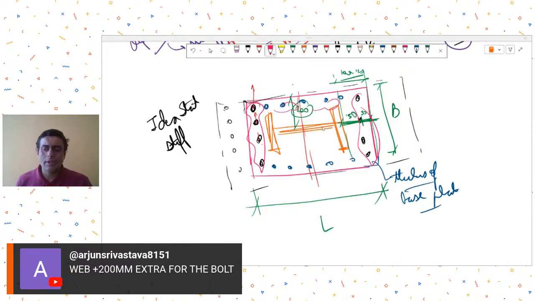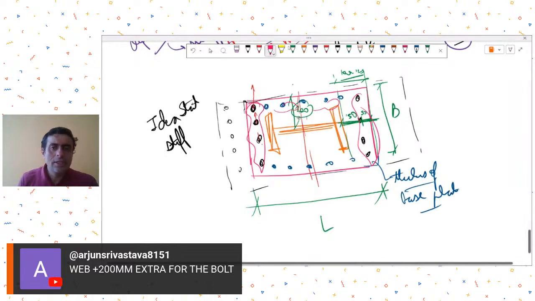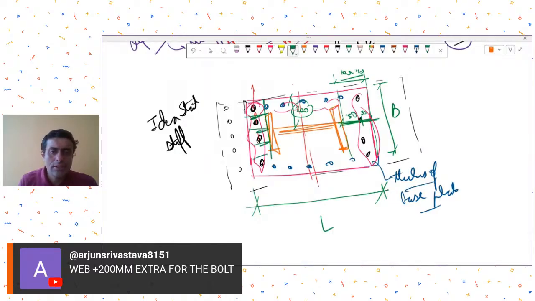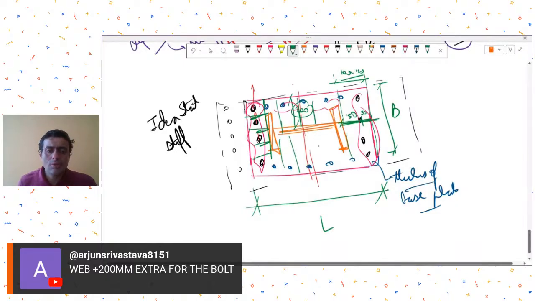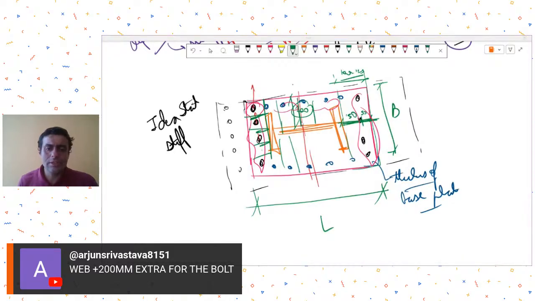So for that, you should try to go for some thicker base plates and also try to provide stiffeners. This will improve the stiffness of your system, and the bolt forces will become more uniform. So to reduce the plate size, my suggestion is to add more bolts and go for a thicker base plate.